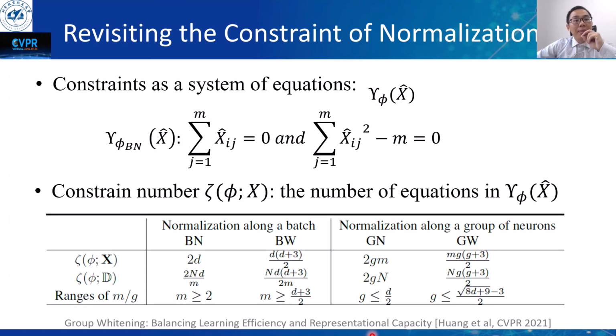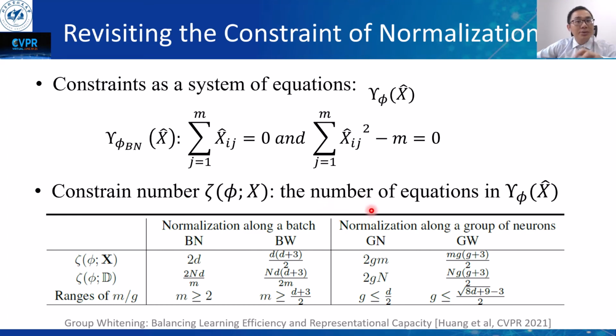Eventually, these constraints can be represented as a system of equations of the normalized output. For example, the BN's constraints here. Huang et al. also define the constraint number of normalization to quantitatively measure the magnitude of the constraints.